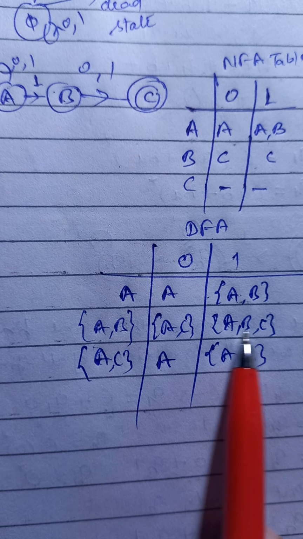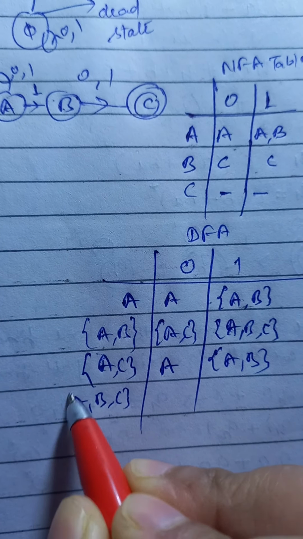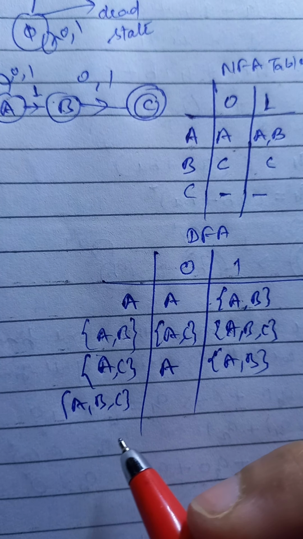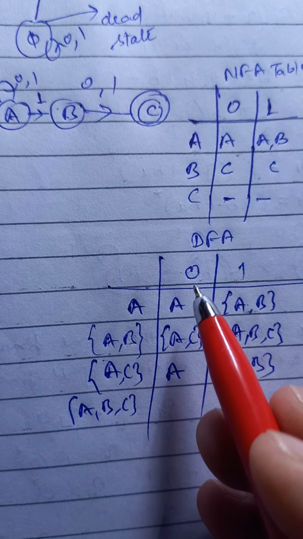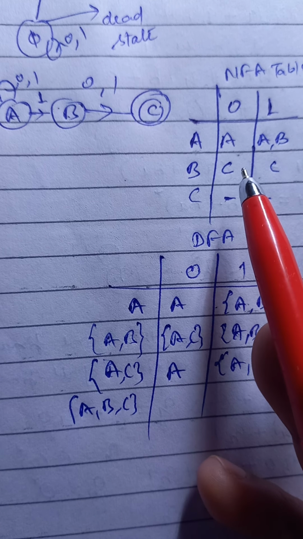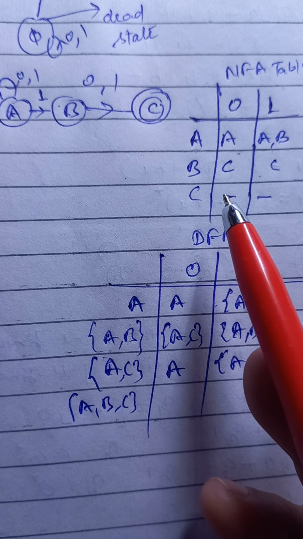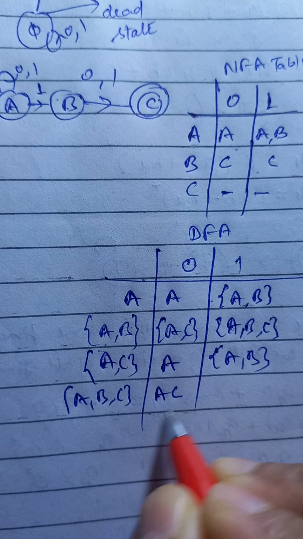So what new state is left? ABC. So now we will see for ABC. Transition for 0: for A, only A, and for B, C, and C is nothing. So we will get AC. There is no new state.